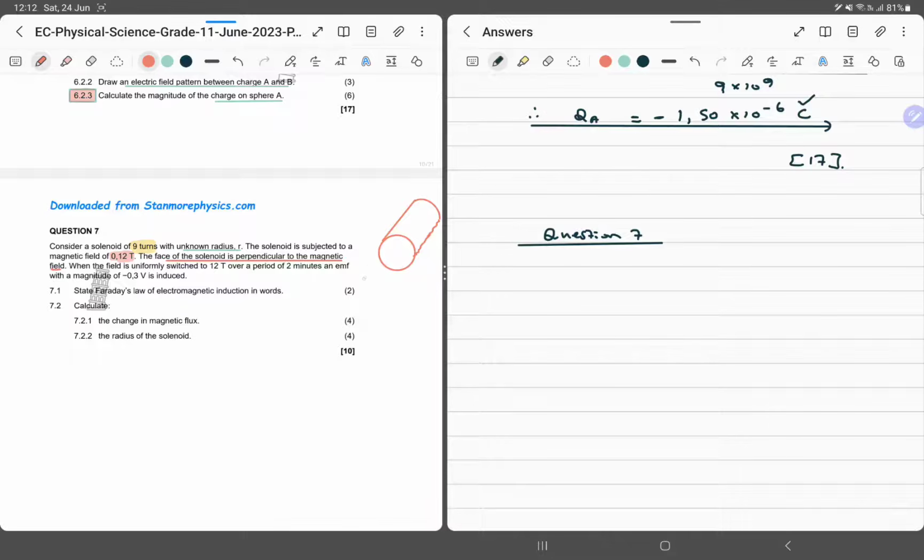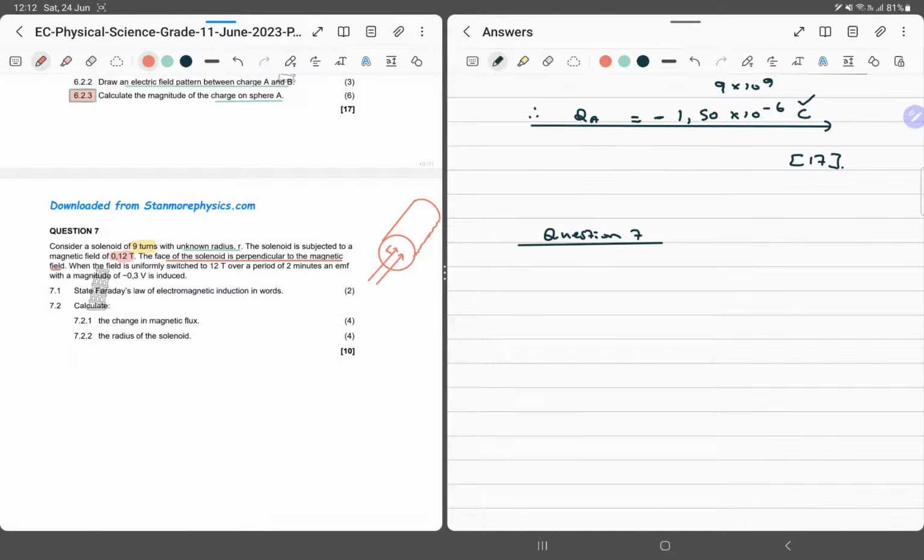Now that means the magnetic field is hitting the face of the solenoid at right angles. It means that angle is 90 degrees. So these are the magnetic field lines.